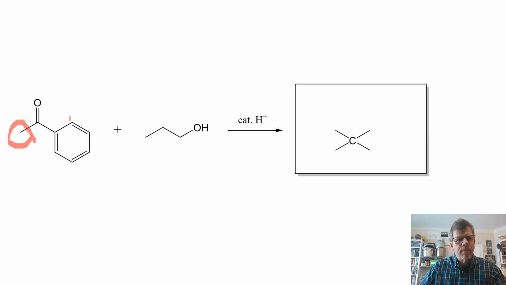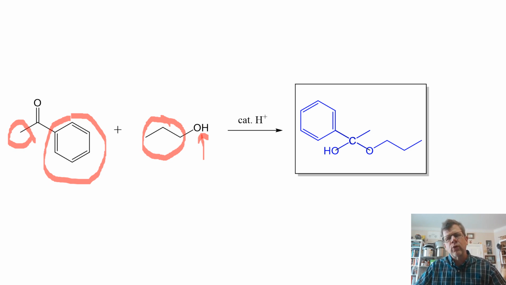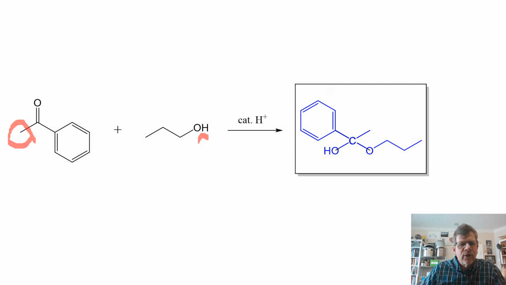There's a methyl group, a phenyl group, and what appears to be a propyl group right here, which in some manner are going to have to be connected to that. That propyl group was connected to an oxygen. So to put that together, this would be the hemiketal structure. Again, here is our methyl group, here is our phenyl group from before, and here is that propyl group attached to the oxygen that we saw previously.